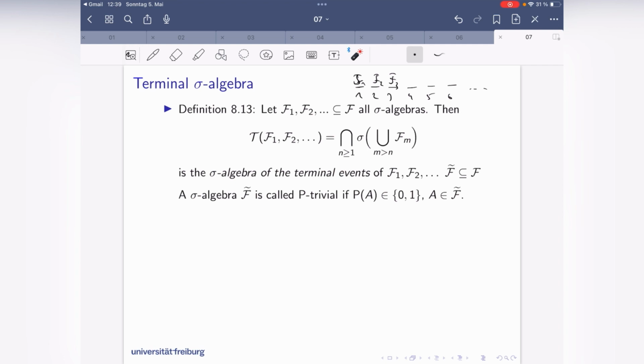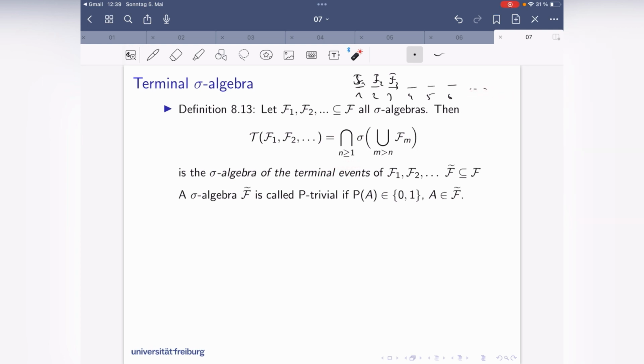So, for example, the event that when you have a coin toss, you have infinitely many heads. So this is a set which is an element of this sigma algebra because it does not depend on any finite number of experiments. It only depends on the whole tail, no matter where you start.